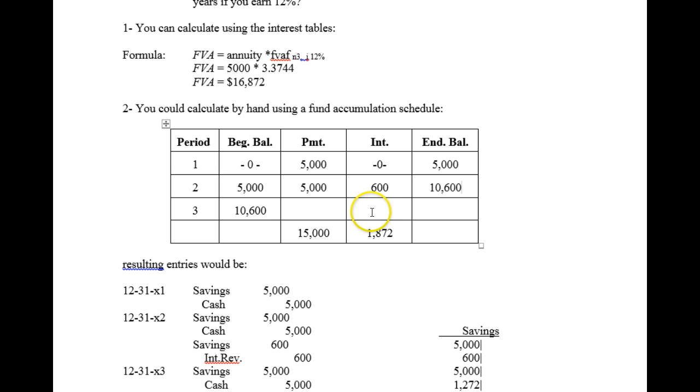So you will earn $1,272 in interest for the money you have invested all year. On the last day, you'll come in and make a $5,000 payment. Now you'll have $10,600 plus the $5,000 you made at the end, plus the interest you earned on the $10,600 of $1,272, and your total will be $16,872.